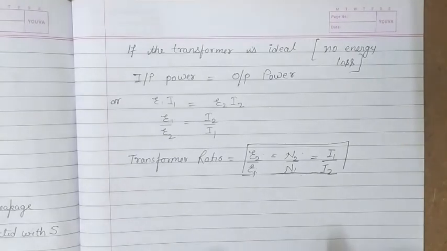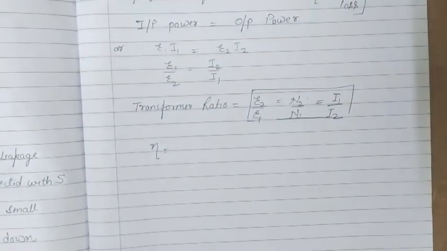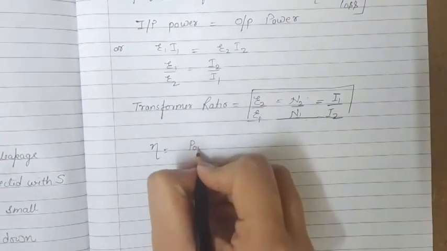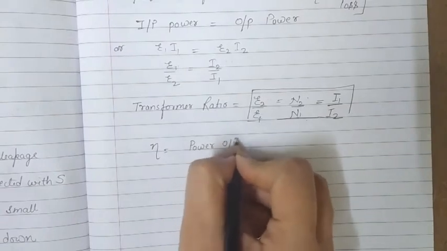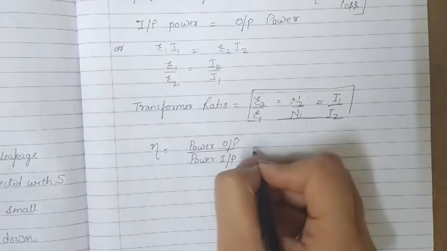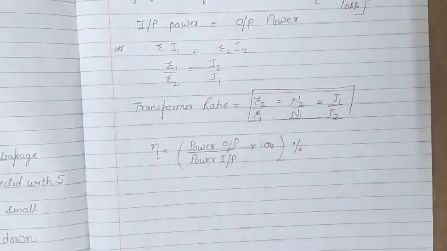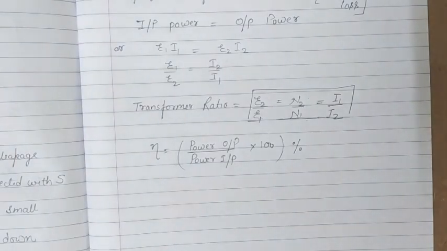For ideal transformer, efficiency will be 100%, and formula for efficiency is power output upon power input into 100, and the answer will be in percent. So this is the percentage efficiency formula for transformer.